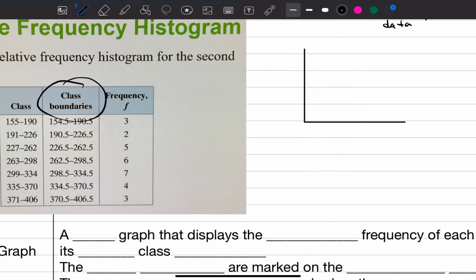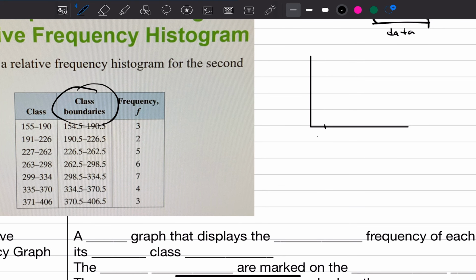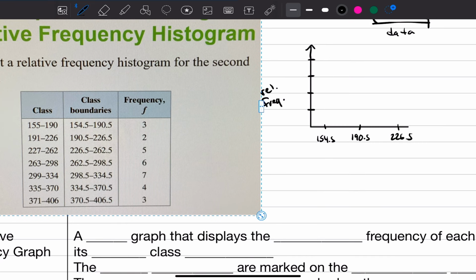We have the class boundaries, so let's do that. 154.5, 190.5, 226.5. Now remember, off to the y-axis, it's going to be relative frequencies. So we're not going to use these frequencies. We have to use relative frequencies.